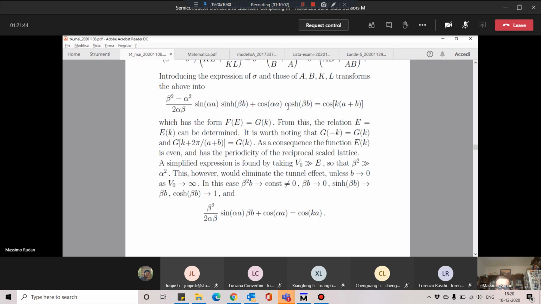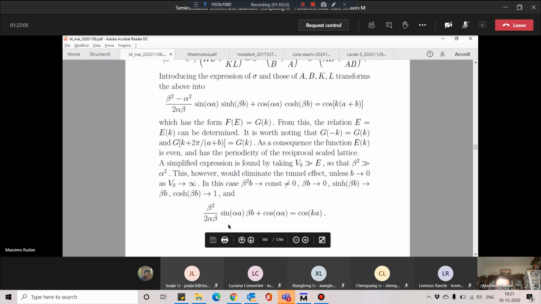So we replace the hyperbolic cosine with 1. So only cosine of alpha A is left. And at the right-hand side, A plus B becomes A because B goes to 0.